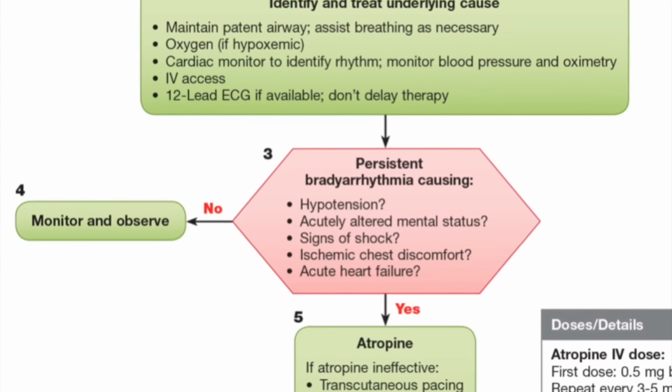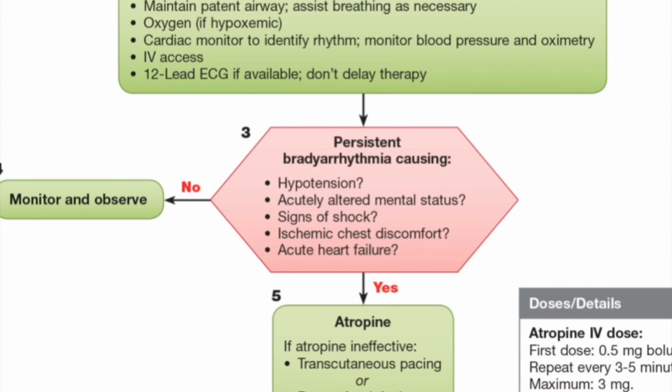And then you're going to want to see, is this patient symptomatic? Are they having symptoms indicative of poor perfusion? This list is the same list that they use in the tachycardia guideline or algorithm. Do they have hypotension? Is their blood pressure low? Do they have an acutely altered mental status? That's a big one. If they have an altered mental status due to bradycardia and hypoperfusion, that's a bad sign.